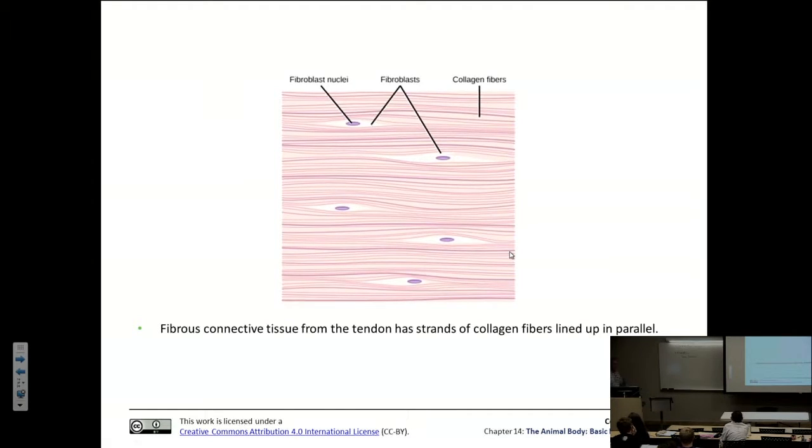So here's the picture. There's those fibroblasts. Not many of them, making, in this case, the parallel lines of collagen that would give a particular kind of strength to a functional tissue, in this case, like a tendon.